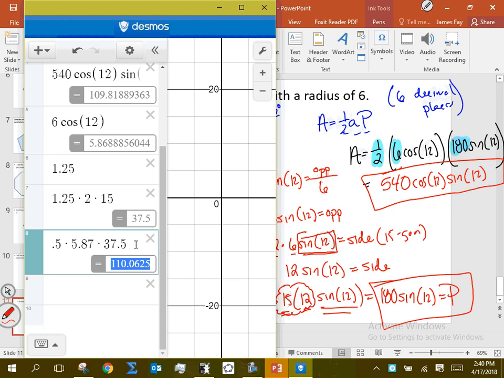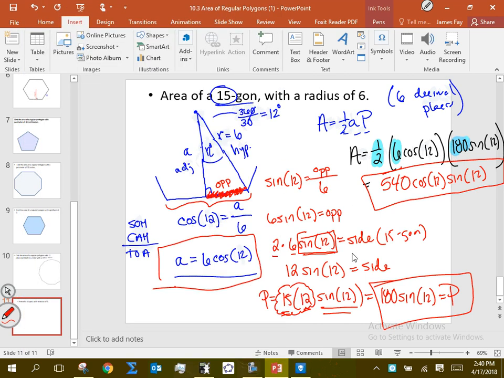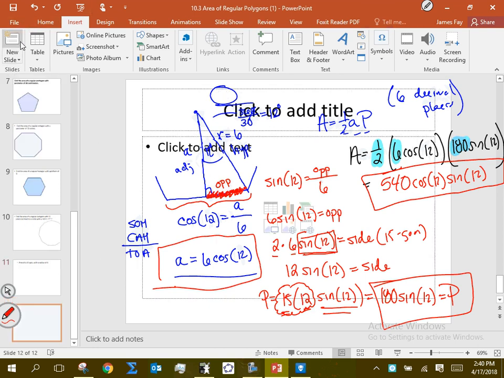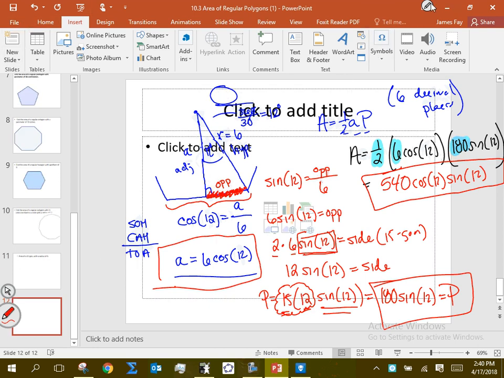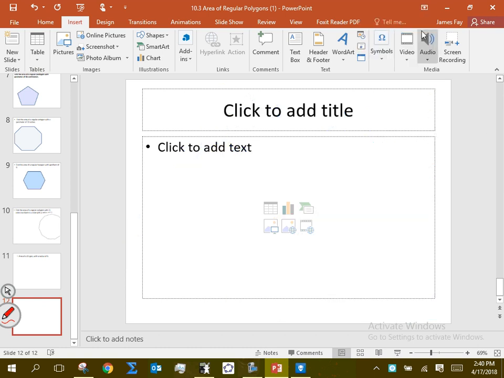But the key thing for us as we move on is to kind of work with these versions of the numbers. And that's one of my goals for you as we in the year start to get better at that, because it will make Algebra 2 a little bit easier for you. It will make any class that you take after this easier for you if you can do that.